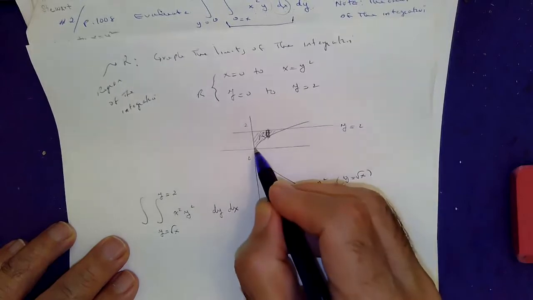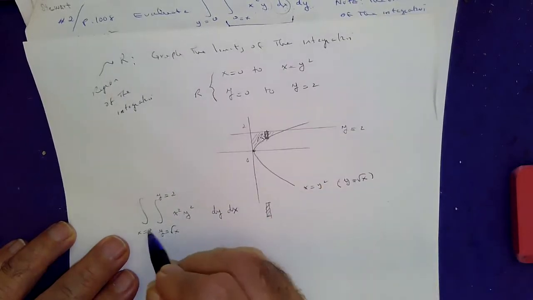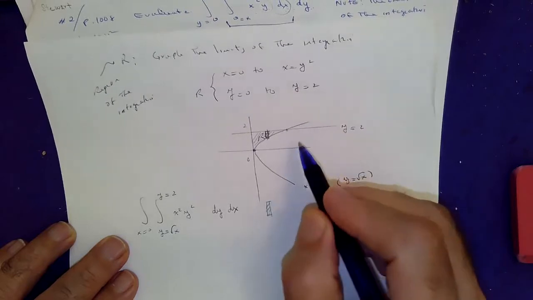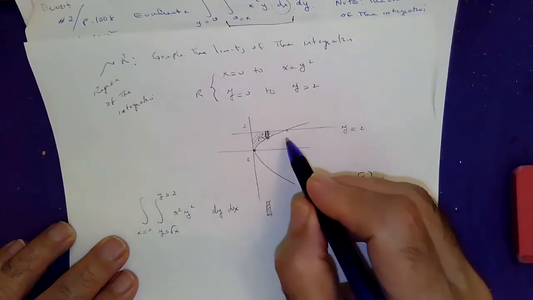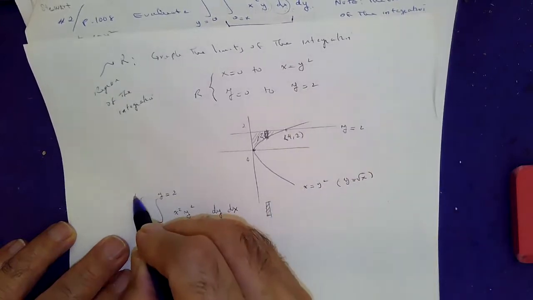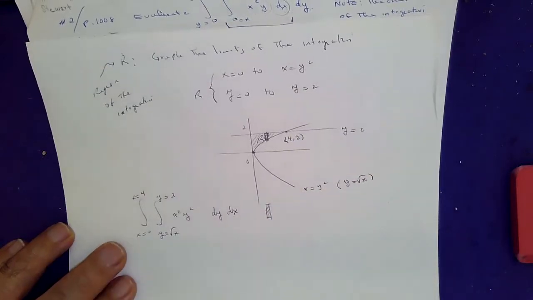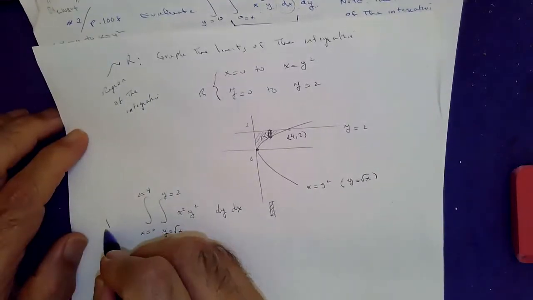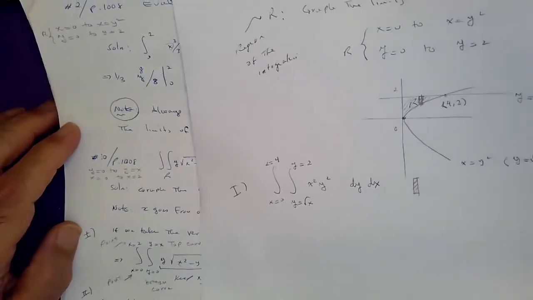But then x goes from 0 to whatever this is, which happens to be 4. So that's one way to set up the integral. Do you all see it?